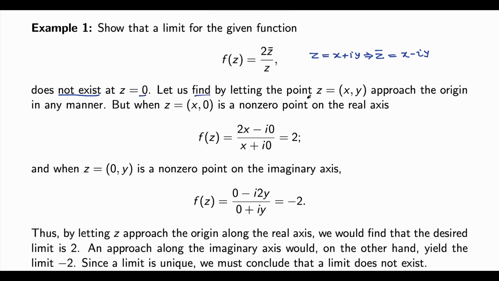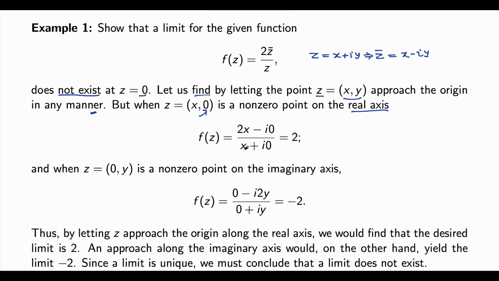Let us find by letting the point z equal to (x, y) approach the origin in any manner. When we approach through the real axis, z equal to (x, 0), we plug into the function f(z) equal to 2 times (x minus 0) divided by (x plus i times 0).